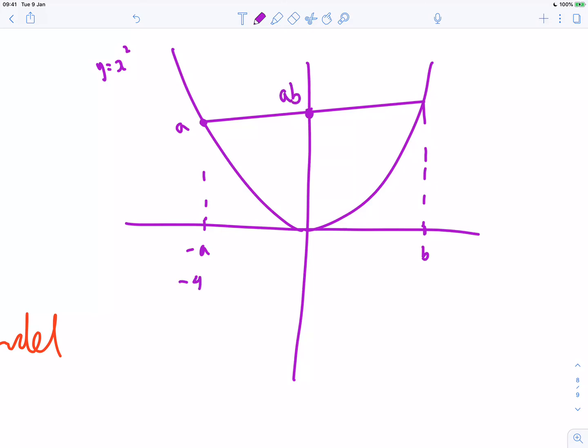So if this was minus 4 and this was 3, then the y value of the intercept would be 12. I just think that's a really nice interpretation of quadratics as multiplying.